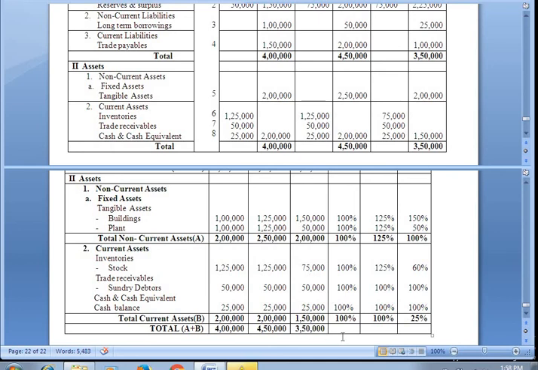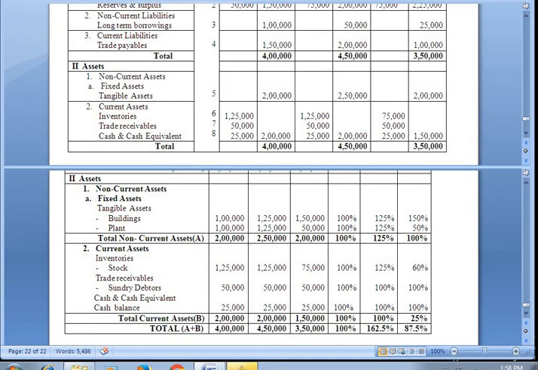Okay, so the first year the percentage will be 100%. Next one, 4,50,000 divided by 4 lakh into 100 is 112.5%, and the last one is 3,50,000 divided by 4 lakh into 100, which is 87.5%.